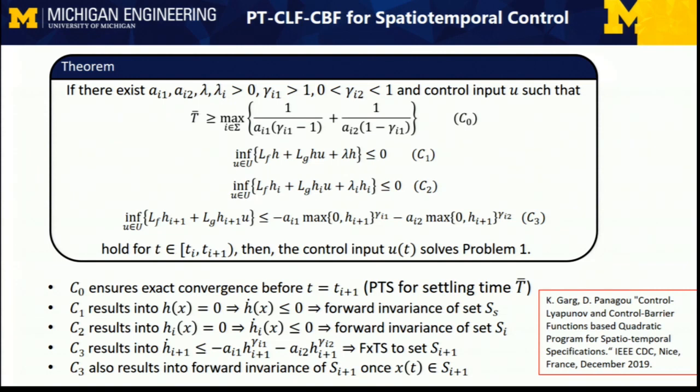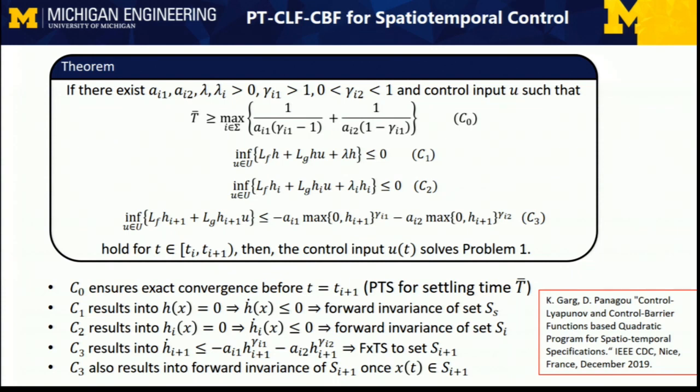And you can have safety, forward invariance of the safe set encoded through a control barrier function condition, and you can have forward invariance for your sets Si to make sure that once you get into set Si, you will not escape Si unless you choose a different controller.